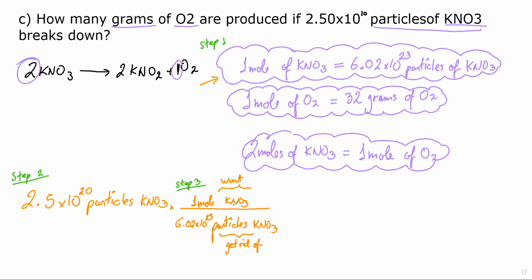But you don't want moles of KNO3. You want grams of O2. So we need to do this again. We multiply by a fraction, by a unit rate. We used the first unit rate. What's another unit rate that we can use? Moles of KNO3. So why don't we use this second relationship? 2 moles of KNO3 will yield 1 mole of O2.